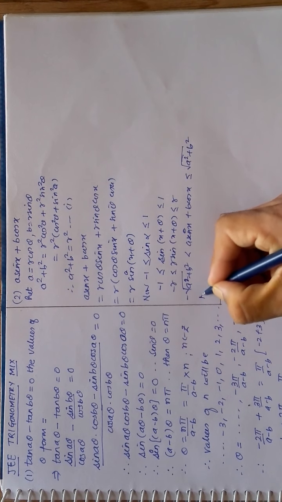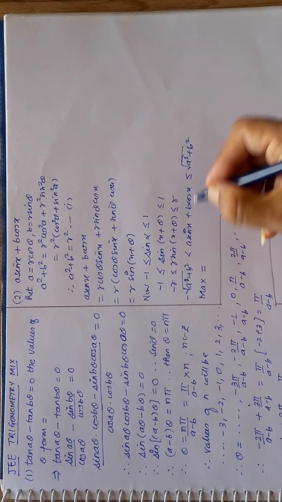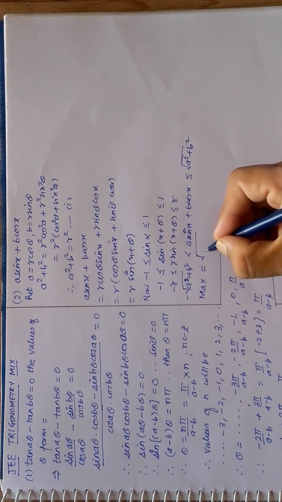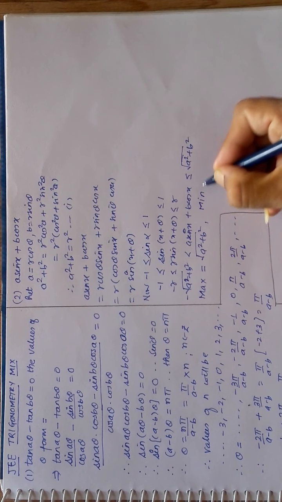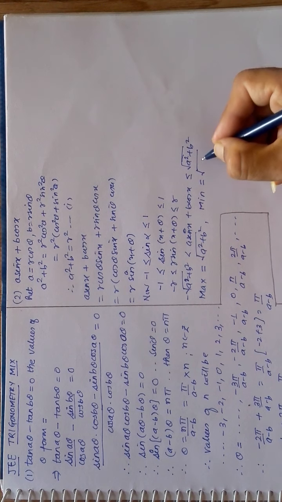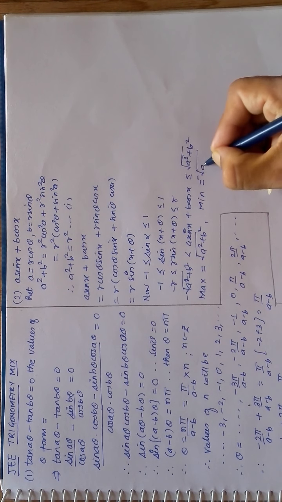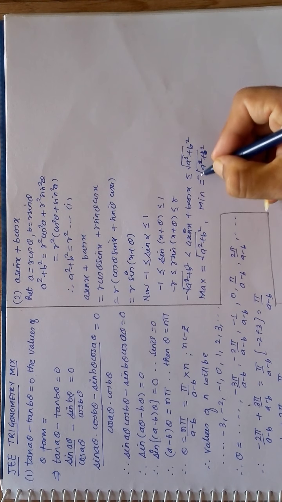So I got that the maximum value of a sin x plus b cos x is under root a square plus b square, and the minimum value of a sin x plus b cos x is minus under root a square plus b square. I hope this is very clear.